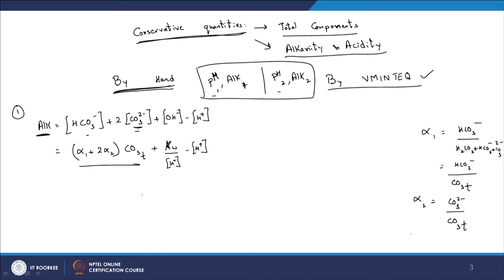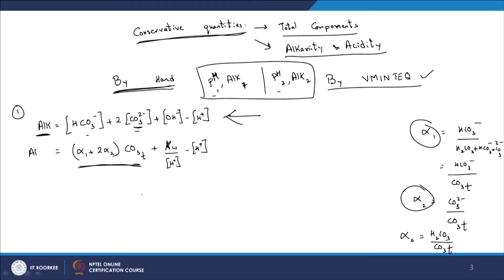And while we are not using alpha naught, let us see what that is equal to. That is obviously equal to H2CO3 by CO3 total, to refresh our memories. So again, plugging these values of alpha 1 and alpha 2 into this equation, we end up with a simplified form, alpha 1 plus 2 alpha 2 into CO3 total, and so on and so forth.